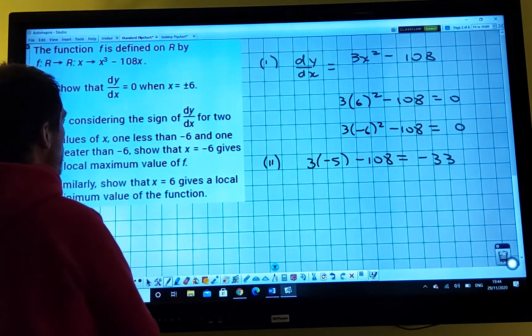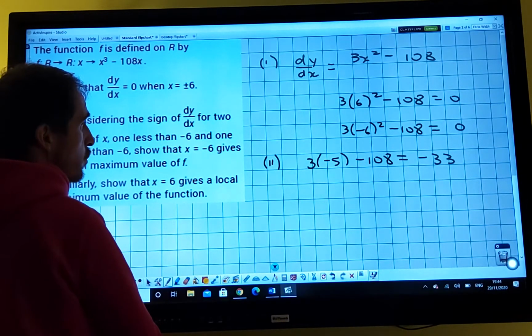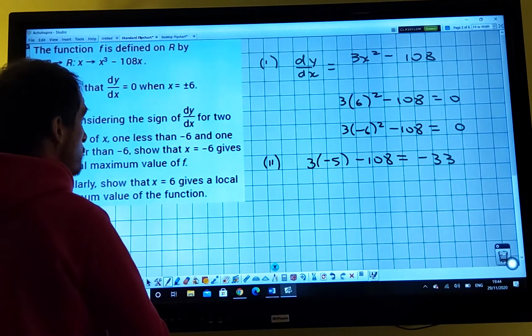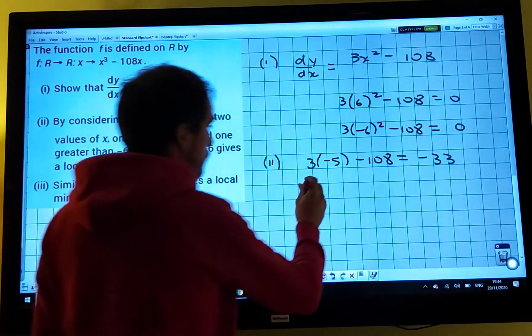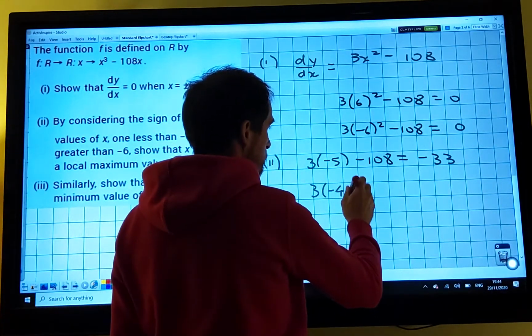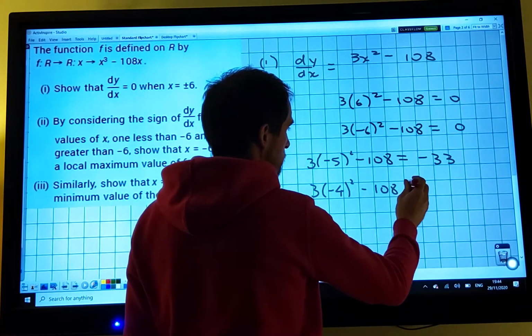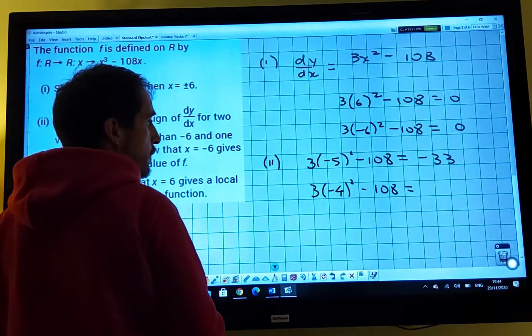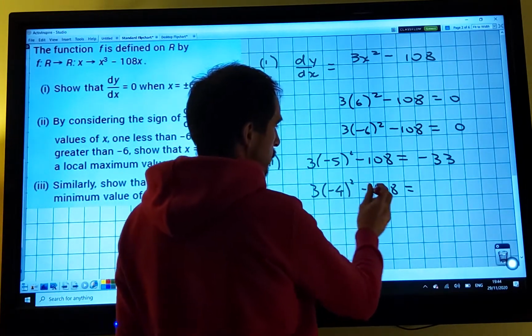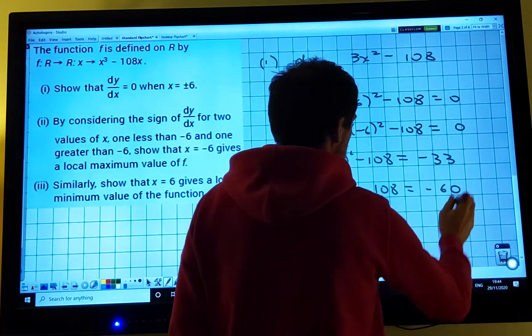And one greater than minus 6, you could pick minus 4. So you'd have 3 times minus 4 squared minus 108, and that's going to be equal to minus 60.